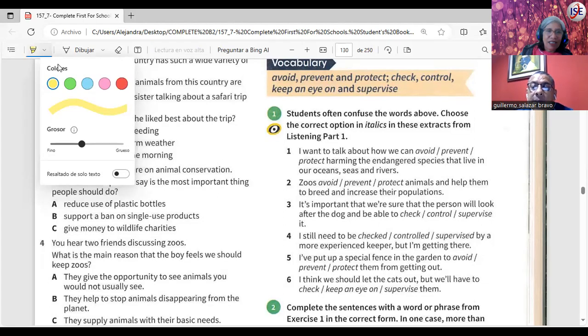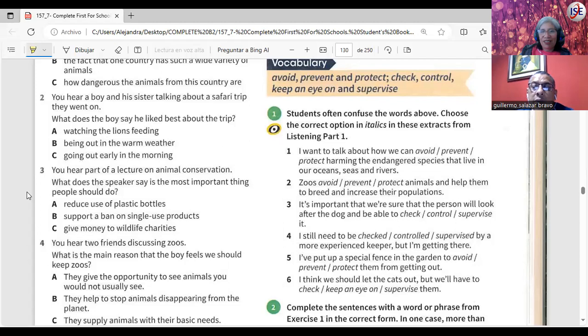And we talk about grammar. Prevent. Okay. You avoid something or someone. You protect something or someone, but you prevent doing. So prevent harming. We cannot avoid harming.